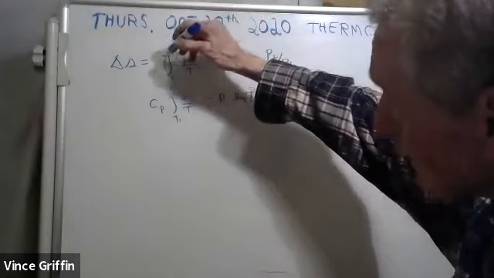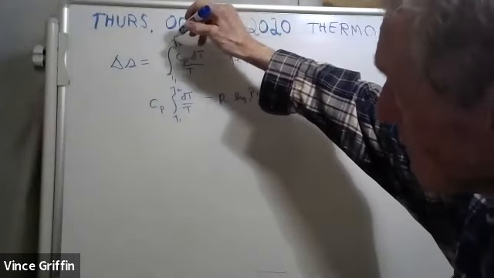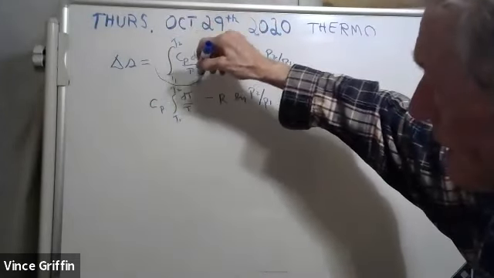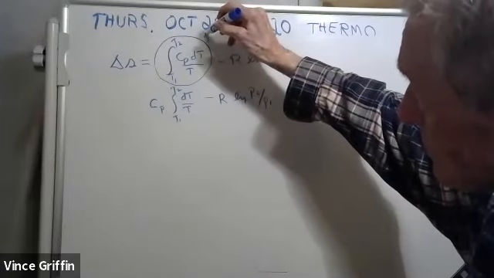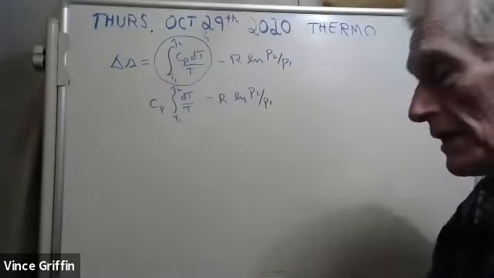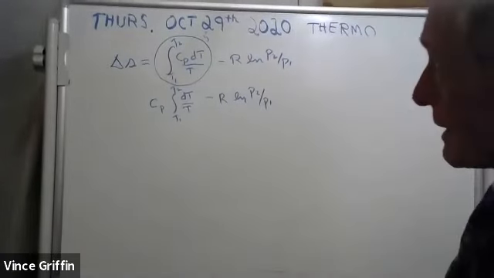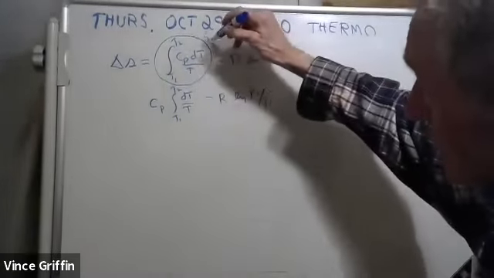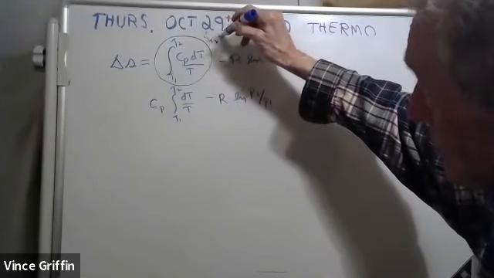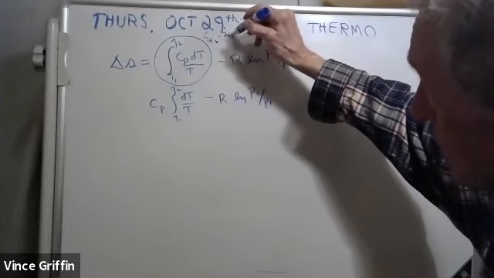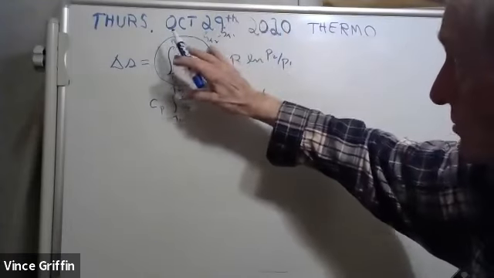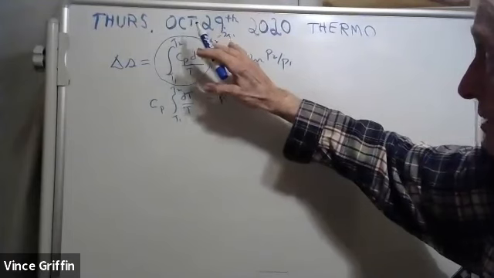They've actually integrated these things, and they have a name for them. This whole thing here is called S0 in the tables. And actually, this whole thing would be S0T2 minus S0T1.